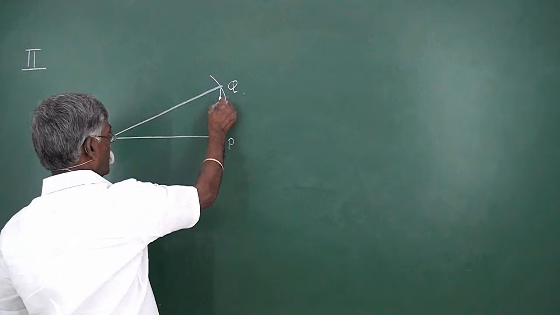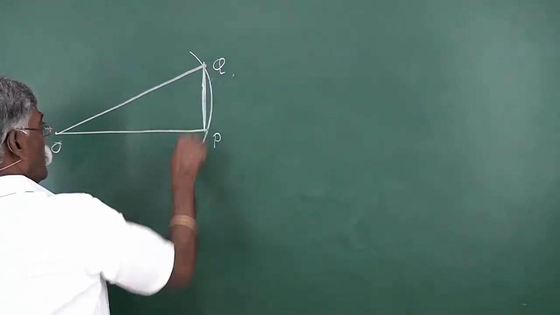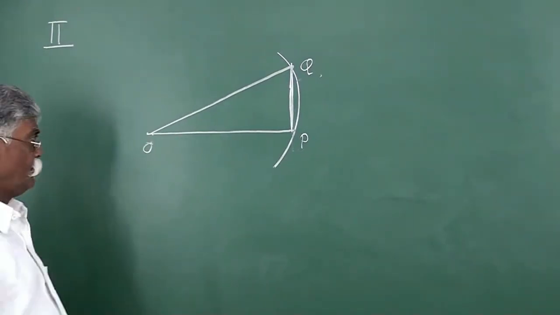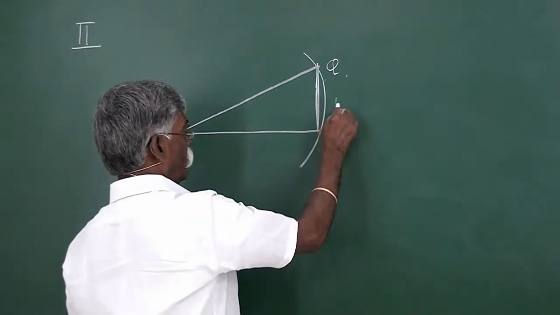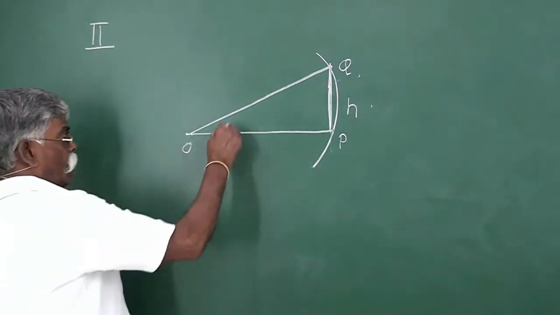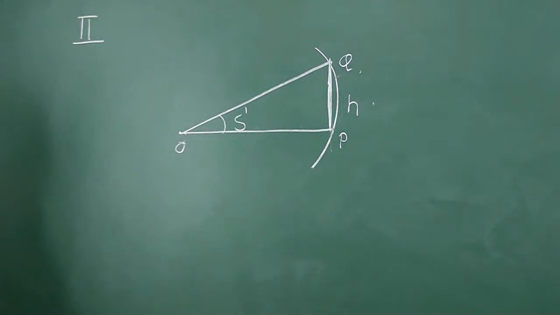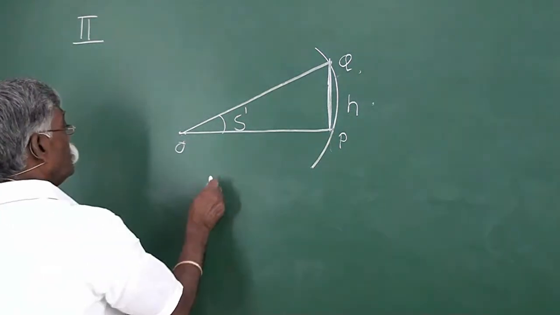Let this be the height of the letters above his eye level. So this is the eye level and this is the height. Let this be taken as some h. And this is given as 5 minutes. So OP and OQ both are equal.